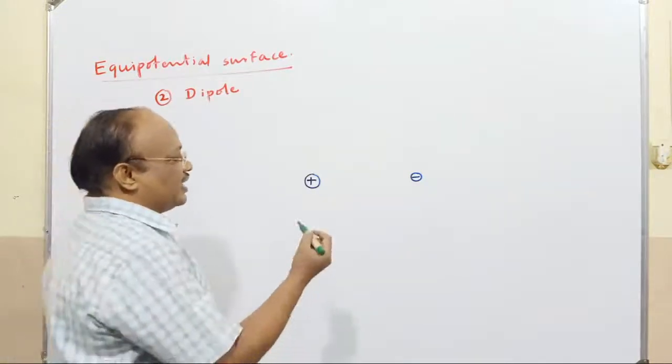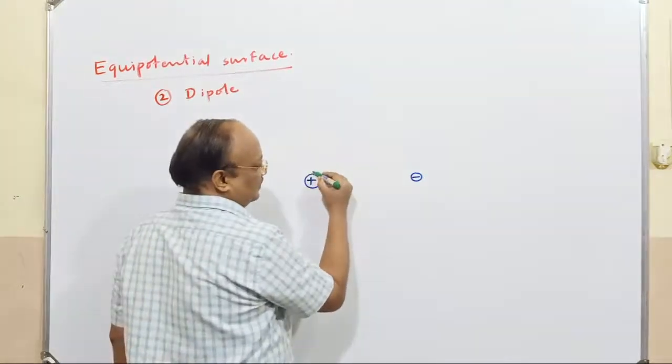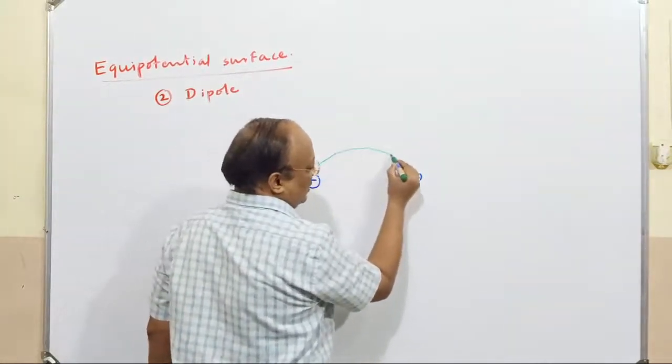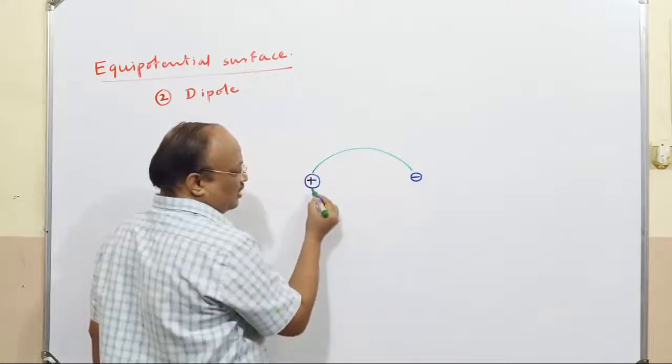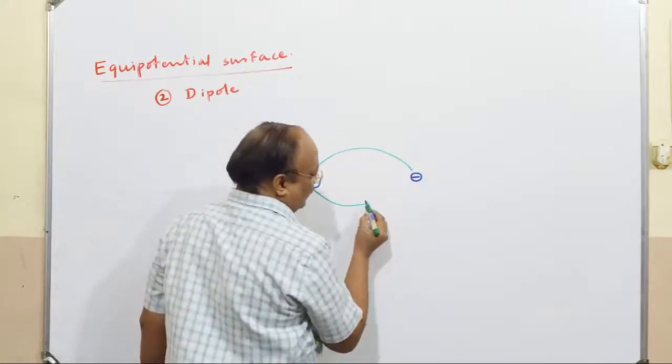How will the electric lines of forces be? Already we have seen in the previous chapter.